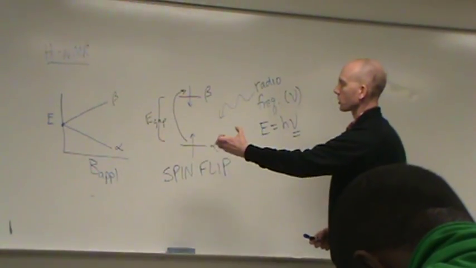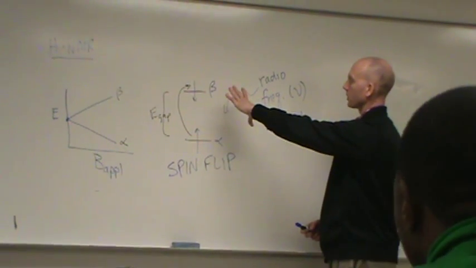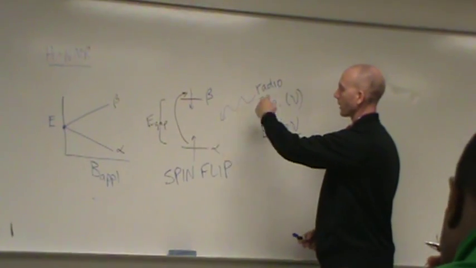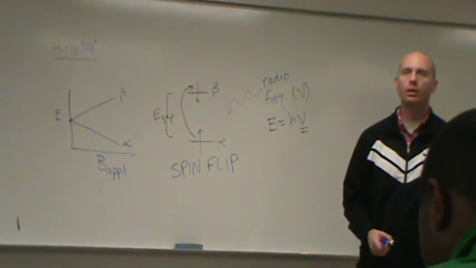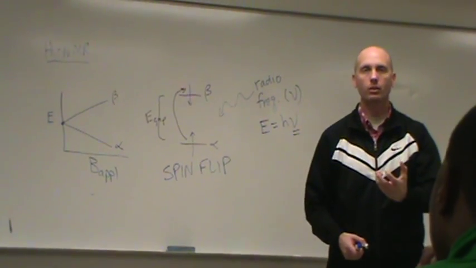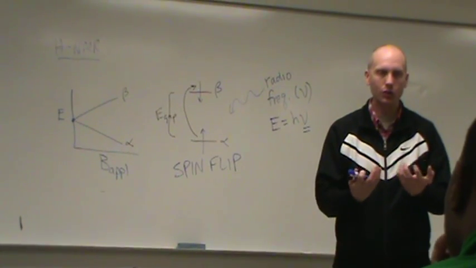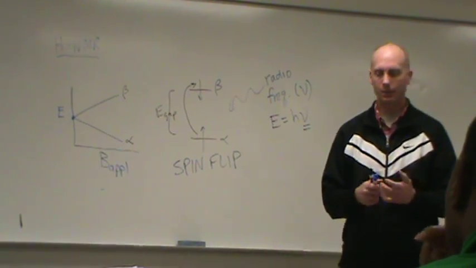The hydrogens feel the magnetic field, split into spin states, and then the radio frequency comes in and does a spin flip. When the hydrogen does a spin flip, guess what? The machine senses that, and it records a peak.